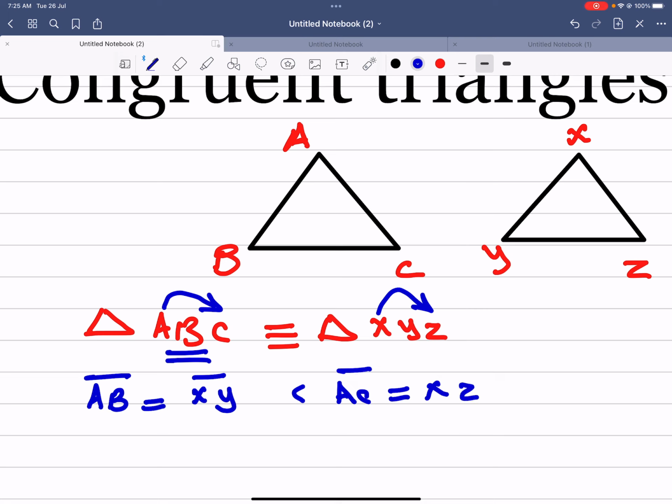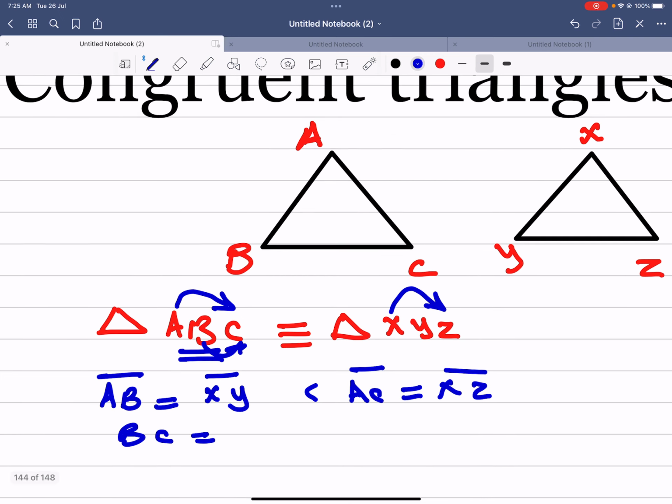I mean they have the same length، يعني ليهم نفس الطول بالظبط. لو if one of them equal to 3 centimeters so the corresponding will equal to 3 centimeter as well. يعني لو واحد فيهم 3 سنتيمتر اللي قصاده هيكون 3 سنتيمتر، نفس القصة. وانا عارف ان BC هي ايكوال معايا YZ.